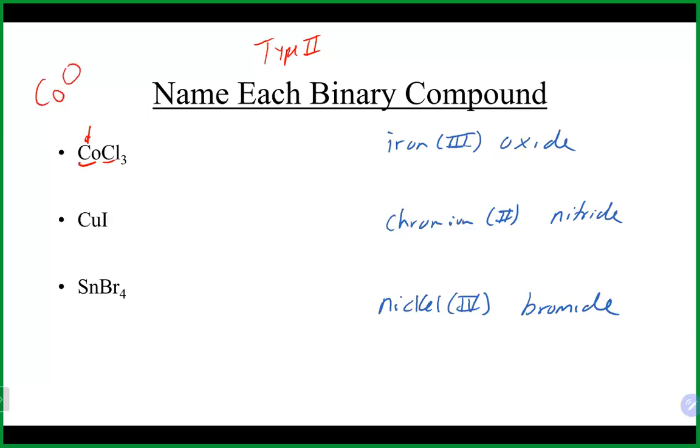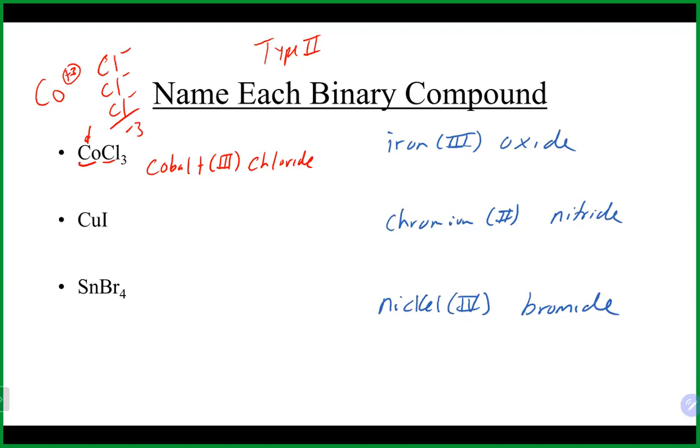I do know that Cl is -1 being in group 7, and there are 3 of them, which means that's a -3. So to balance that out, that's going to be a +3 in this case. And that's really all I need to figure out. So we're going to go with cobalt, Roman numeral 3. And once again here, chloride, how many we have going on there has no effect on the name. Any questions on that one there?